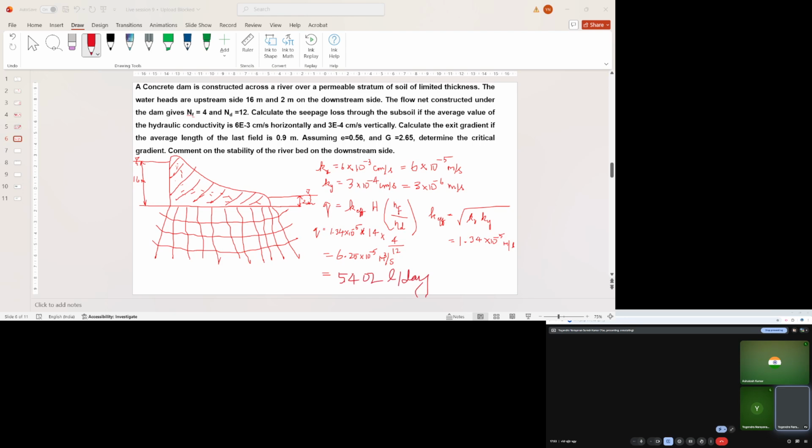So what is I exit? I exit is equal to 1.167 by 0.9, which is 1.296.